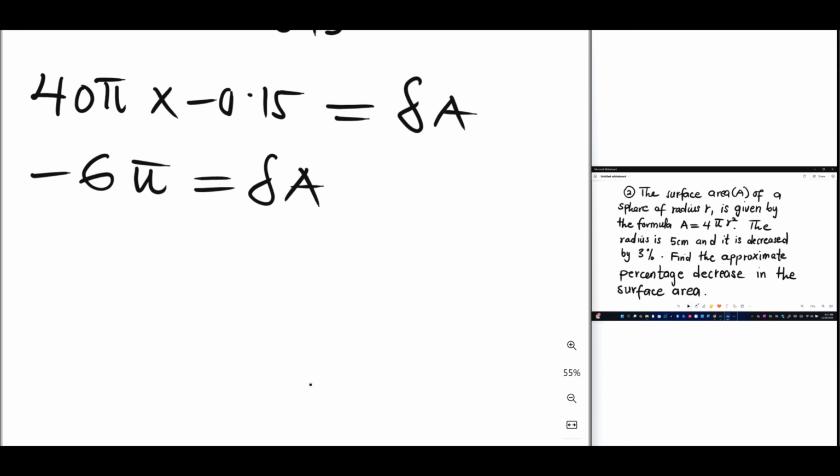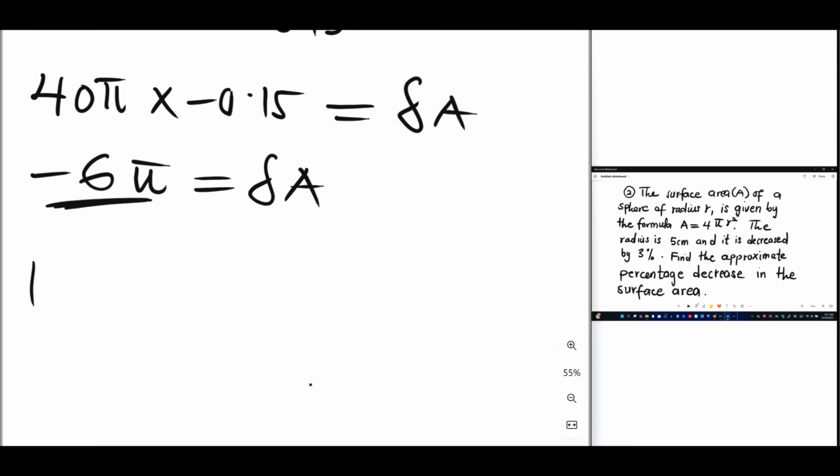Now we are to find the percentage decrease, not just the decrease. So we are going to express whatever we have obtained in terms of percentage. This is the decrease that you have obtained, but we have to find the percentage decrease.